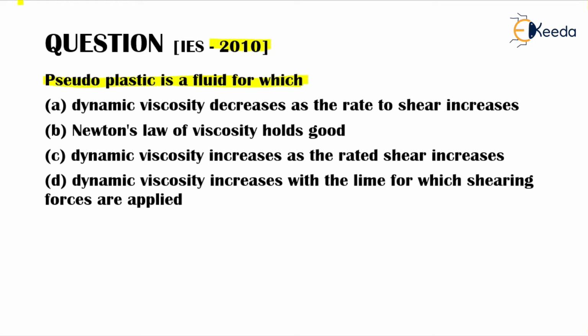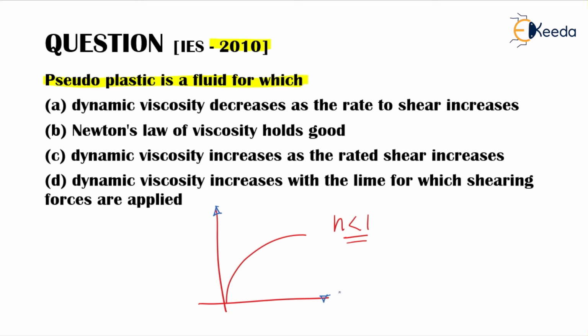If we can draw the pseudoplastic diagram, we have already seen that for a pseudoplastic fluid the diagram is somewhat like this. In this, the value of n is less than 1. And we know that the dynamic viscosity decreases as the rate of shear increases. So this we can understand with the help of this diagram also.